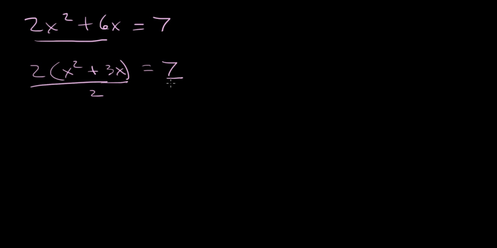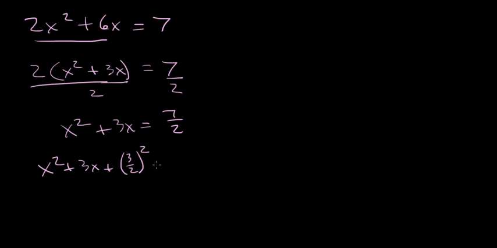So x squared plus 3x equals 7 halves. And so now I'm going to complete the square on the left side here. X squared plus 3x, this is 3 over 2, plus 3 halves squared, equals 7 halves plus 3 halves squared.